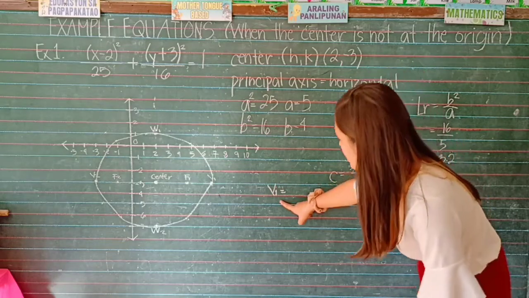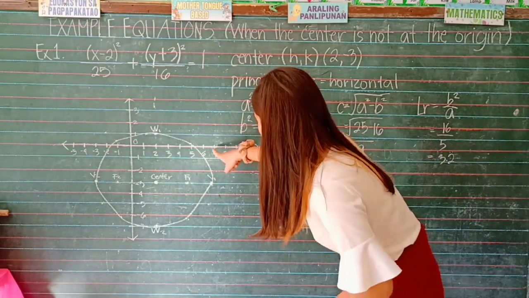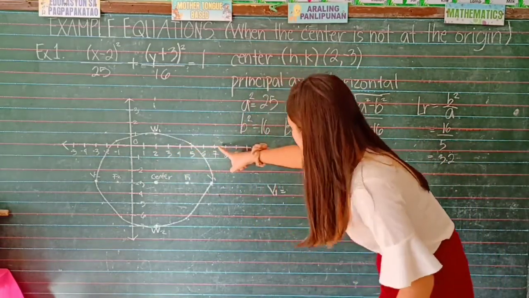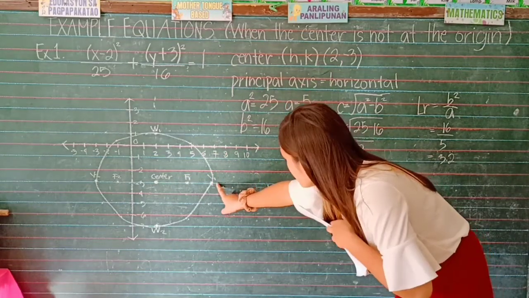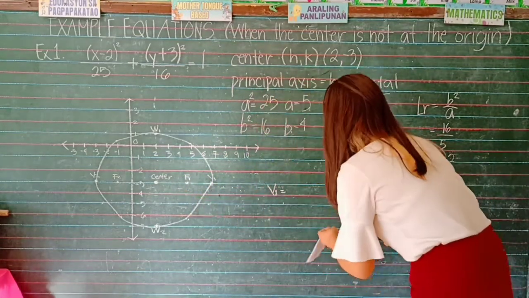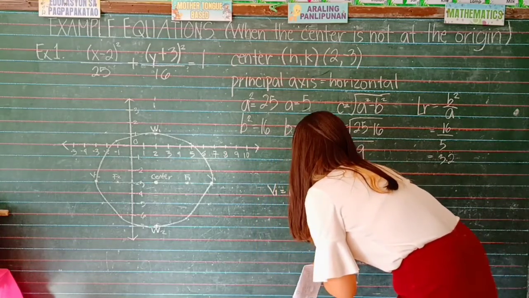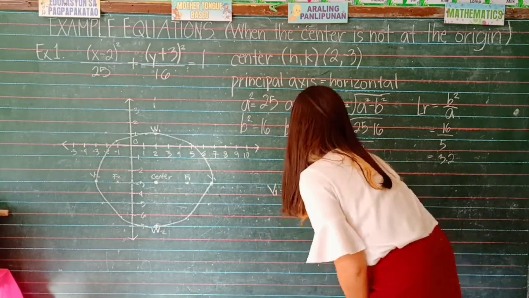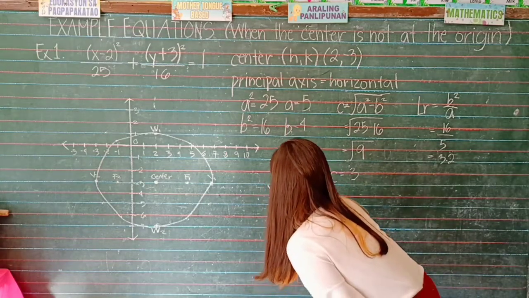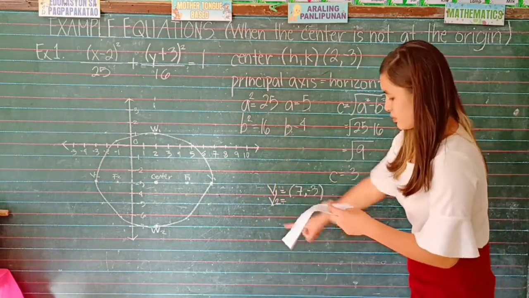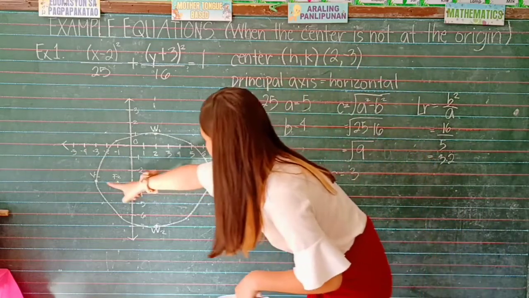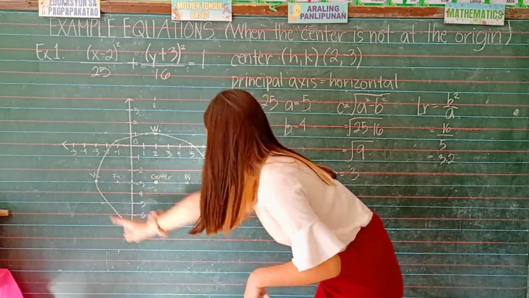Vertex 1: x equals 7, and y equals negative 3. V sub 2 is equal to negative 3 and negative 3.